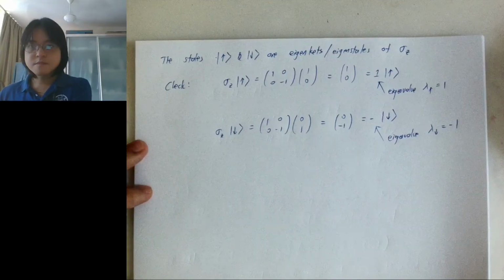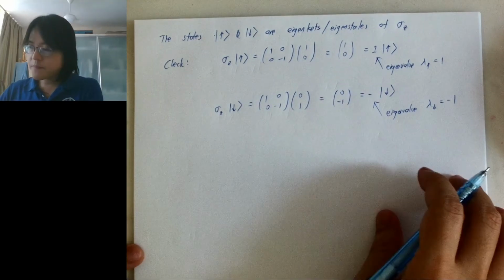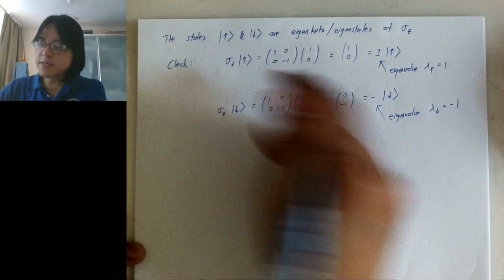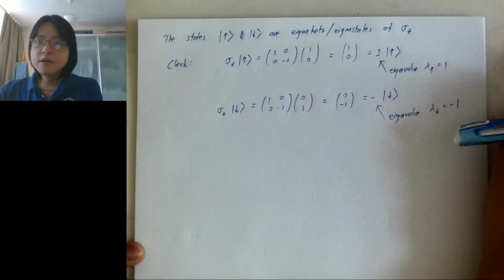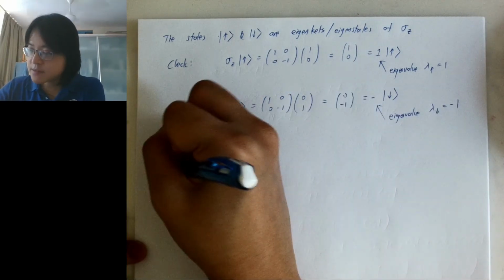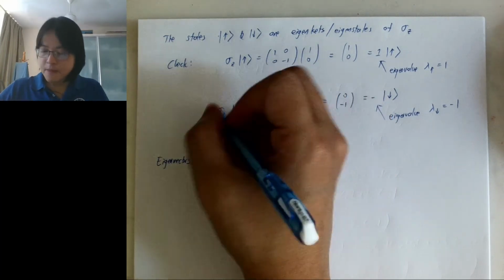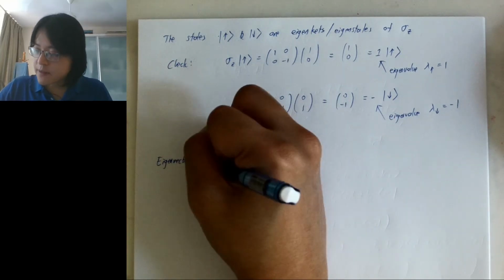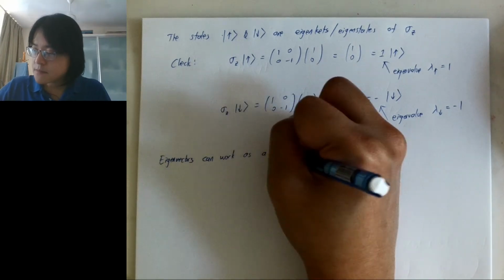Okay, so now let's talk about this. Let's take this as an example, right? So these two can actually serve as a basis, the eigenvectors can work as a basis, right?